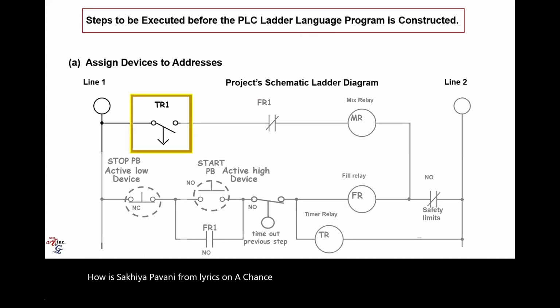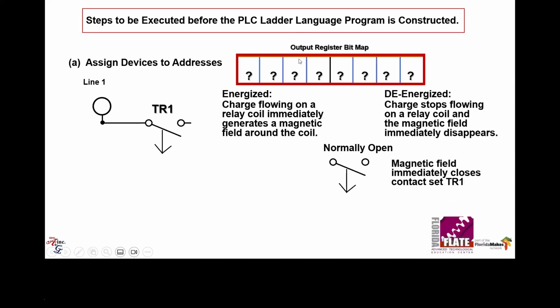So let's work from left to right with the symbols we haven't taken care of. We've taken care of stop, start. The timeout is a signal coming from an input into the PLC. This thing called TR1, this symbol, right, has a meaning, right? The phrases people like to use are energize and de-energize.